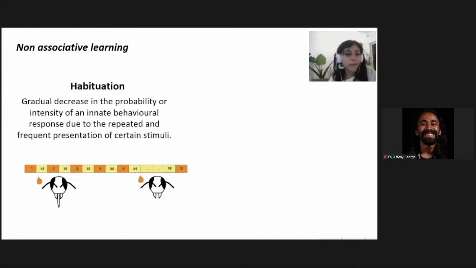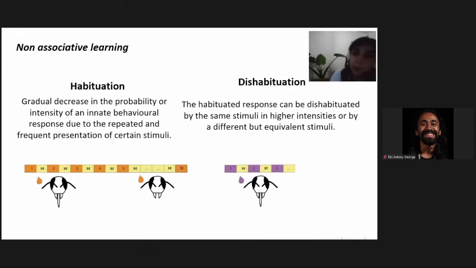In this context, habituation is a type of non-associative learning characterized by a gradual decrease in the probability or intensity of an innate behavioral response due to the repeated and frequent presentation of certain stimuli.